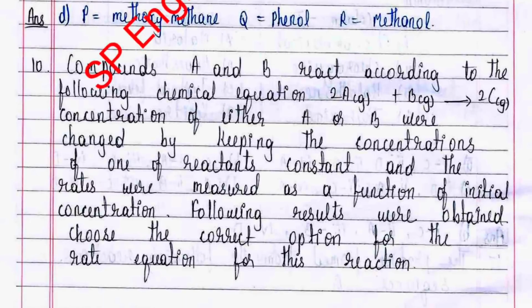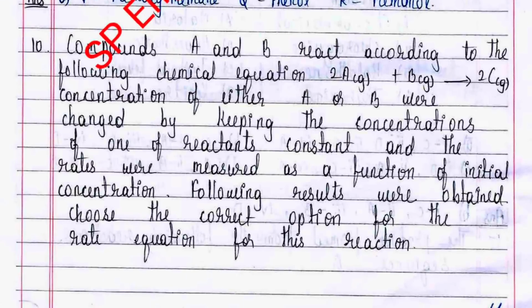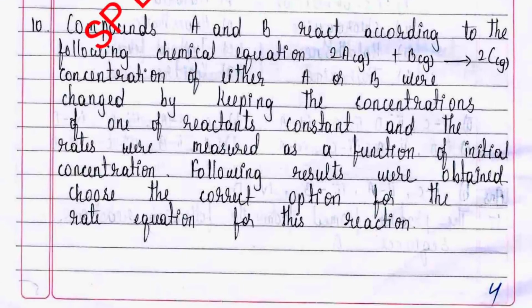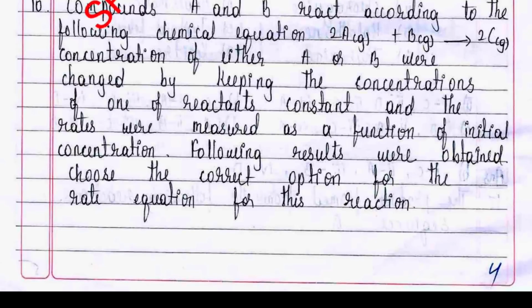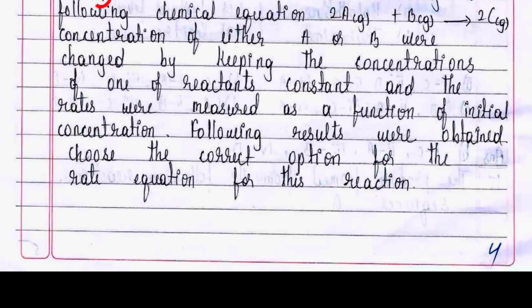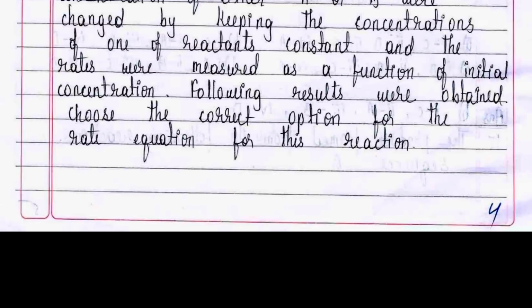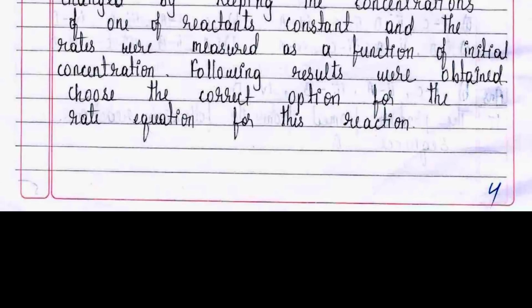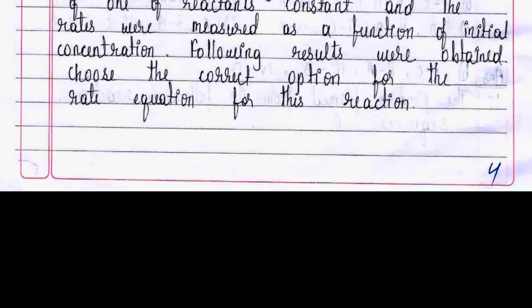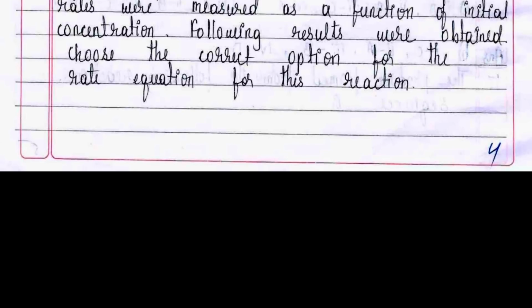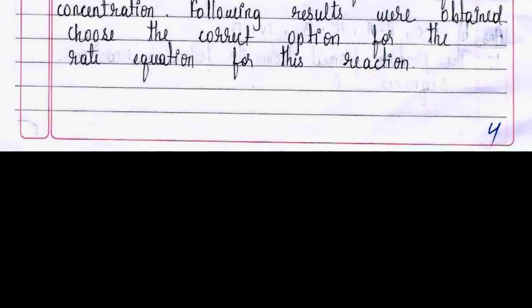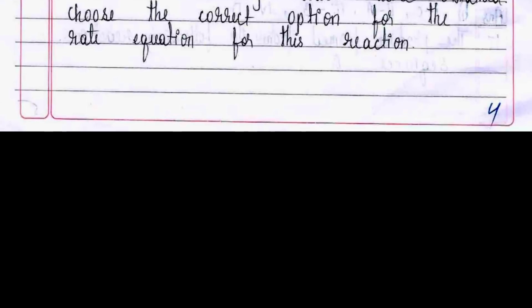10th. Compounds A and B react according to the following chemical equation. 2A plus B give rise to 2C. Concentration of either A or B were changed by keeping the concentration of one of the reactants constant, and the rates were measured as a function of initial concentration. Following results were obtained. Choose the correct option for the rate equation for this reaction.